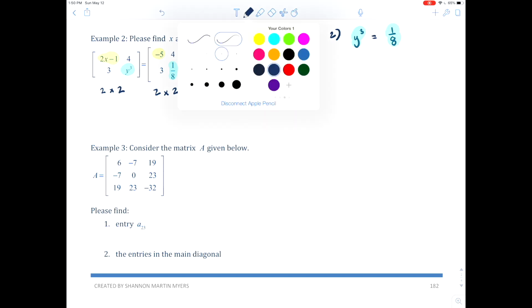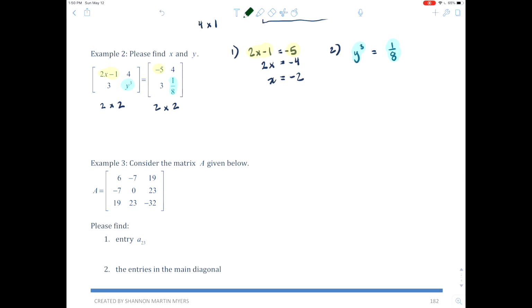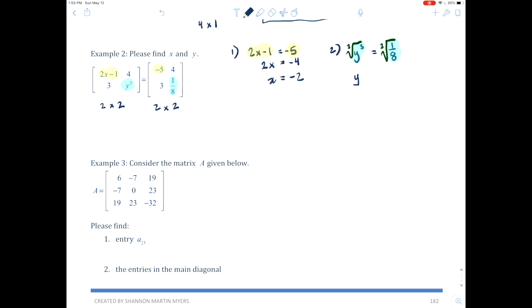And now, in order to solve, you can either take the cube root of both sides or raise both sides to the 1/3. That's equivalent. So I'm going to just cube root both sides. 1/8 is a perfect cube. And then we'll have y. Remember, you do not need the absolute value of y because you only need that if you have an even index on the root.